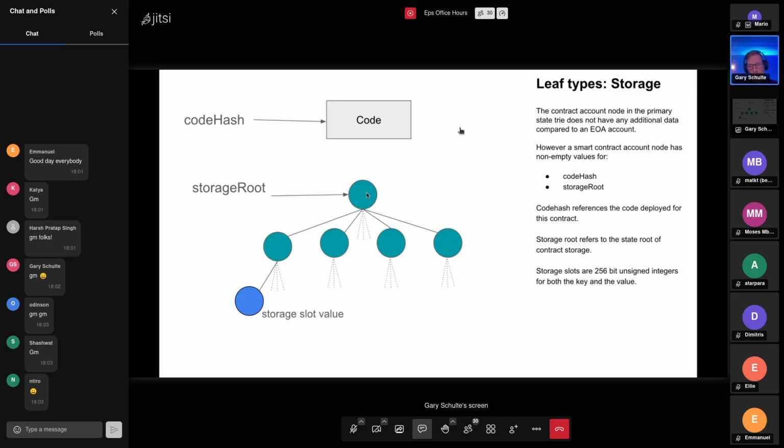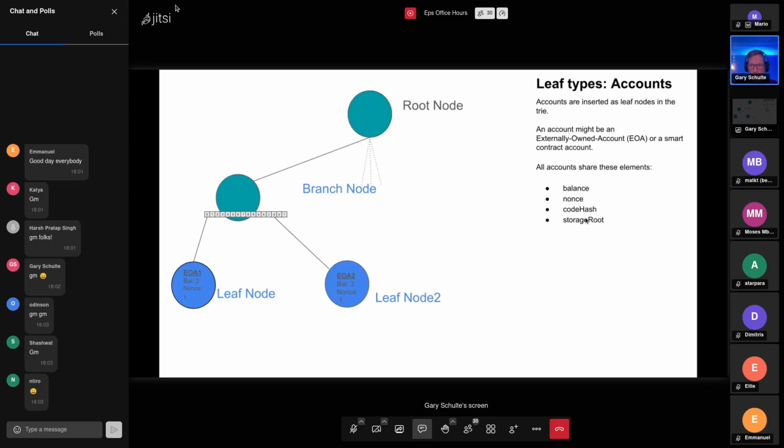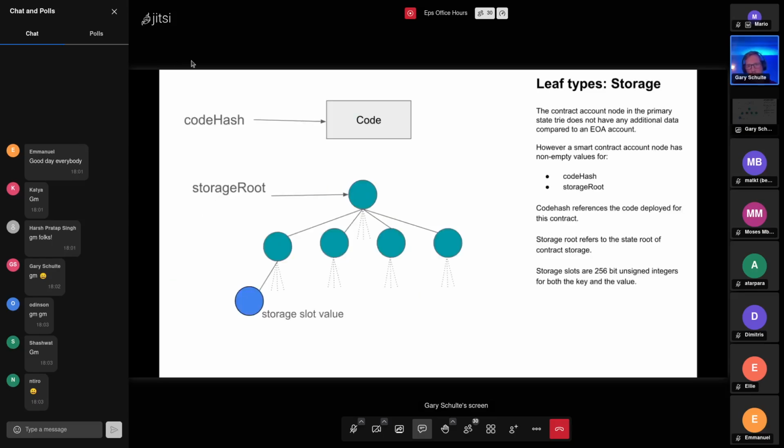And when you change storage, that root hash gets mutated, and it will get stored in the storage root for the smart contract account. Okay, now with that, we've covered all of the bases at a high level about how you can represent state.